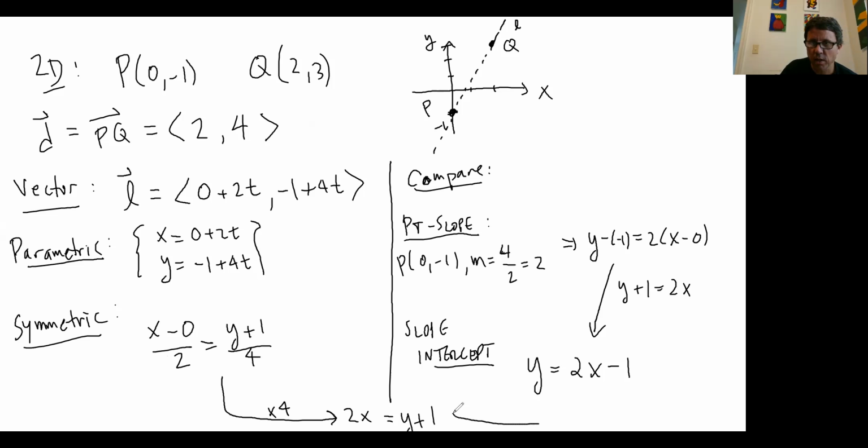You're like, oh yeah, look at that. These are exactly the same. So in 2D, all this symmetric, parametric, vector stuff condenses down into just y equals mx plus b, or y minus y1 equals m times x minus x1. Any of those slope forms. It does not work in 3D, unfortunately, but oh well.